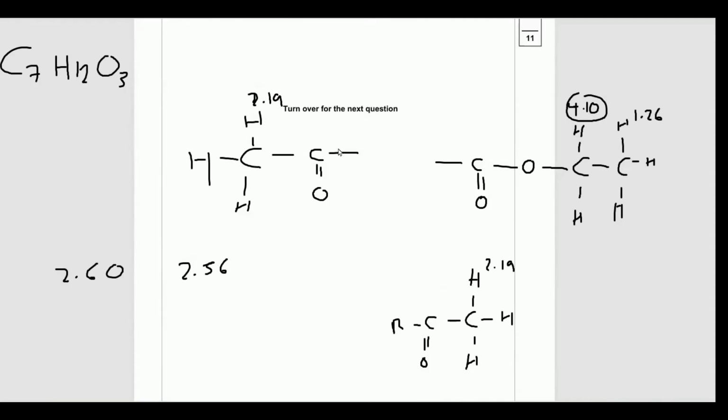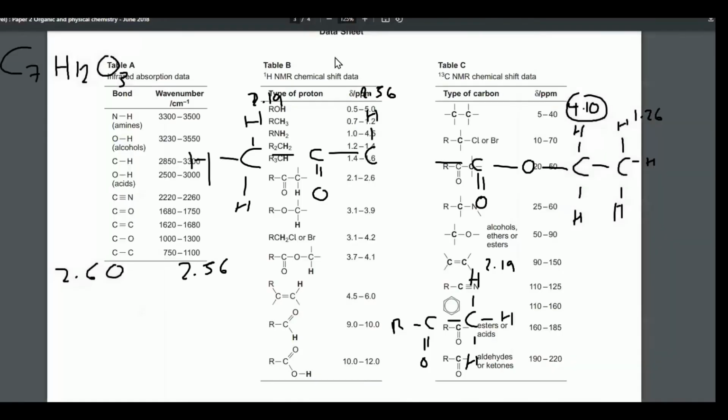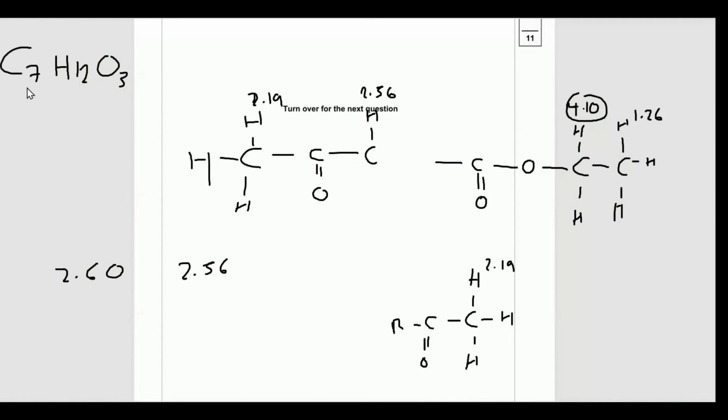Okay, so what we're going to look at here, I've obviously got another carbon, and let's just say this is the 2.56. Let's see what 2.56 is telling us. We're going to go to the table. 2.56, look here, I've highlighted that in blue. The 2.56 and 2.60 are both attached to carbonyls. So let's go back. So what that's going to tell me is, look, it is attached to a carbonyl. Look what's next door. Remember, it had an integration value of 2.